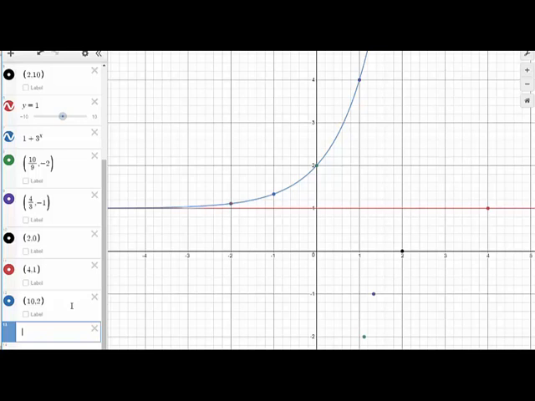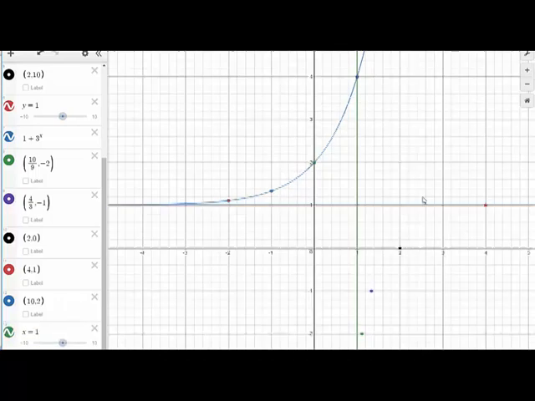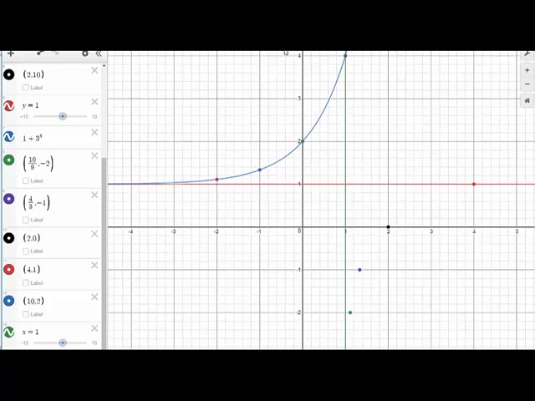And I will also graph the vertical asymptote, x equals 1 this time. Now, if we look at our graph right here, you see the exponential function that I have already created, the f of x, and you see the points of the inverse. These are the points right here. And if I connect those points, then I'm going to get the inverse of the function.